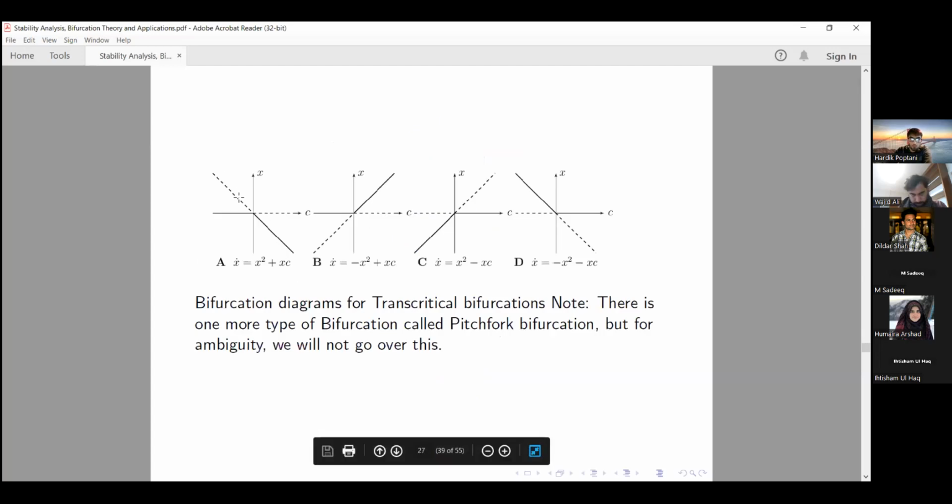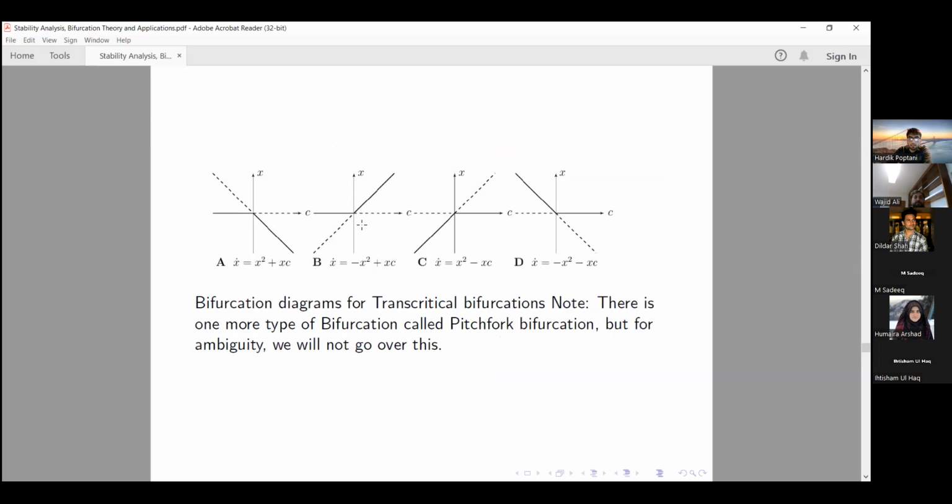For this one, where x dot is equal to x squared plus xc, the equilibria are 0 and minus c. Obviously, when c is negative, this one is unstable. Now c is positive. However, this is now unstable, but the other branch is stable, even though the bifurcation is actually at 0.